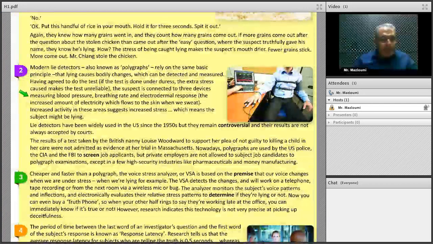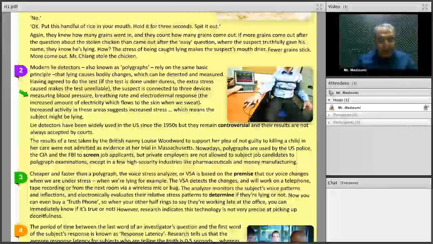Measuring blood pressure, breathing rate, and electrodermal response. The increased amount of electricity which flows to the skin when we sweat. So the suspect is connected to three devices, and these devices measure what?